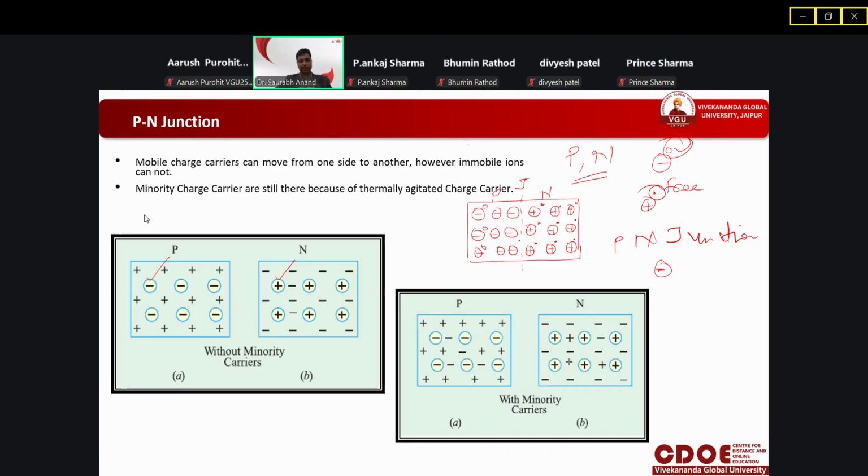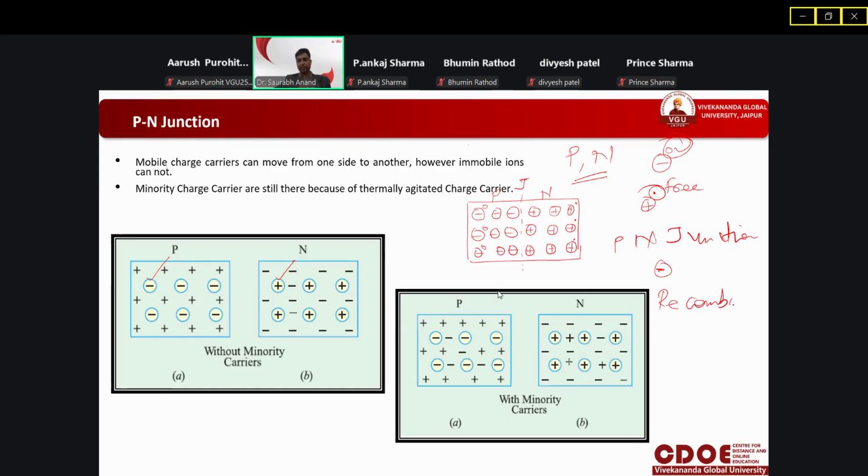So in the second stage, we will remove these electrons and holes. How many electrons and holes will be removed? The process continues until no more electrons can shift. So what we are saying is that the electrons and holes are moving from this side to that and that to this, and they will react with each other. We will use the word recombine.